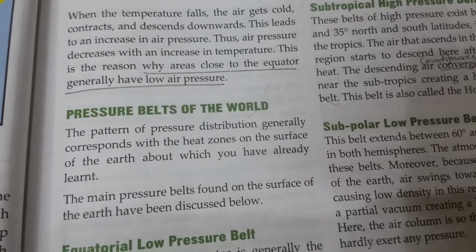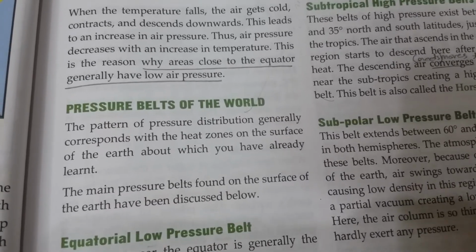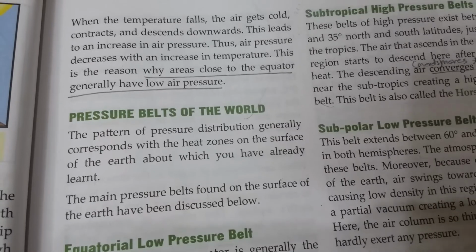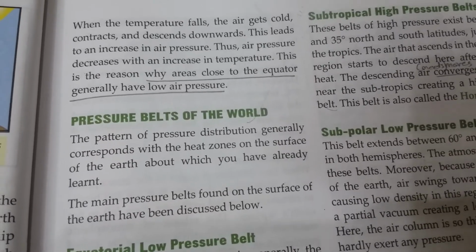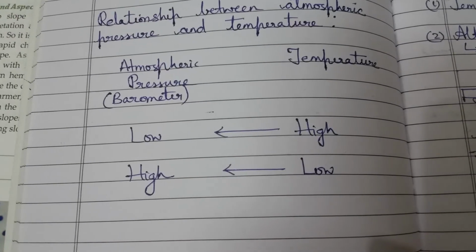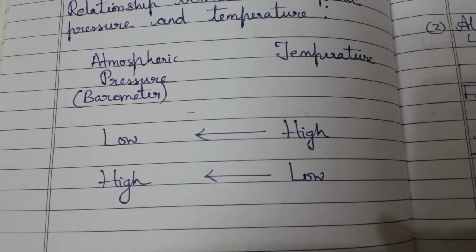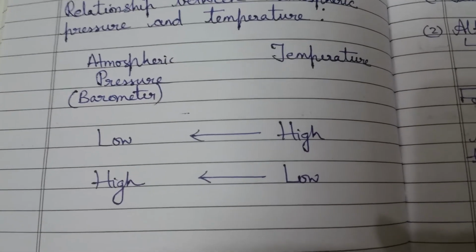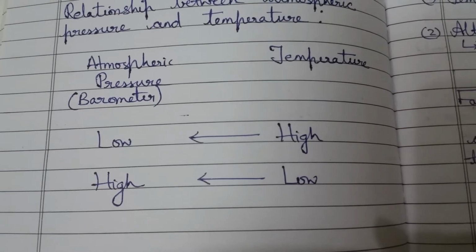So here an important question is why areas close to the equator generally have low air pressure. This question is also very important. Here you can see the relationship between temperature and atmospheric pressure. Both are inversely proportional to each other.